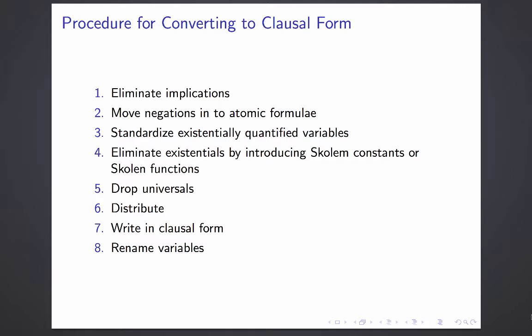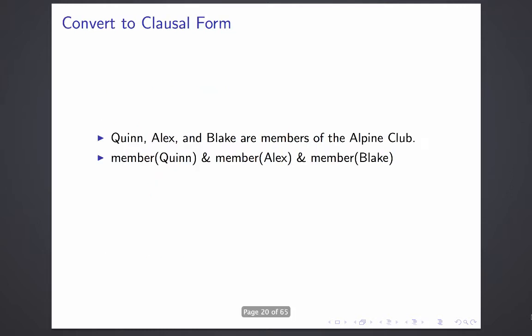We eliminate existentials by introducing either Skolem constants or Skolem functions. We drop universals. We distribute. We write in clausal form, and then we rename variables. And depending on the clause we're rewriting or the sentence we're rewriting, we may or may not use all of these steps. So let's convert this first one to clausal form.